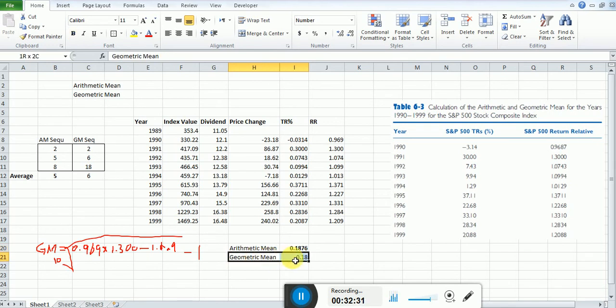Geometric mean is very much accurate, as I've explained, because here we have the compounding effect. What is the compounding effect? It means each year your investment increases, right? Whatever you have earned after 1 year, the same is increasing and increasing. So that is why we have the compounding effect.